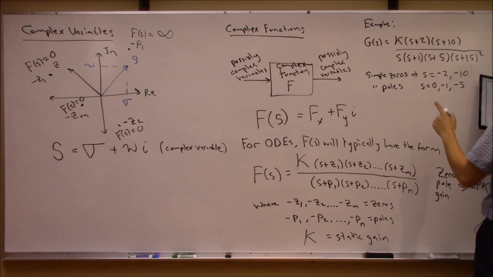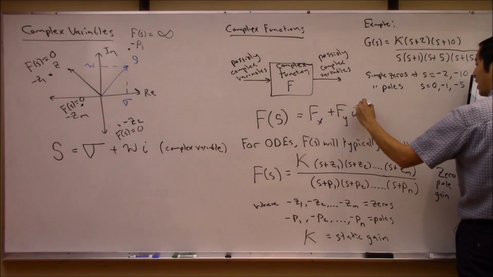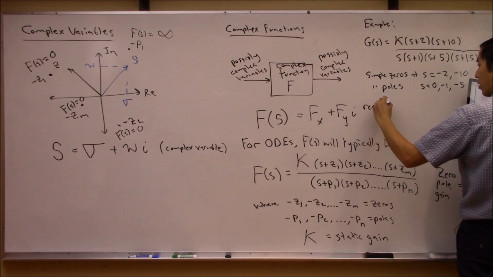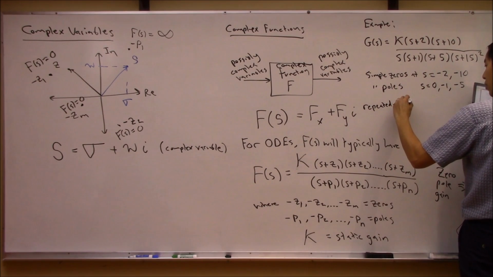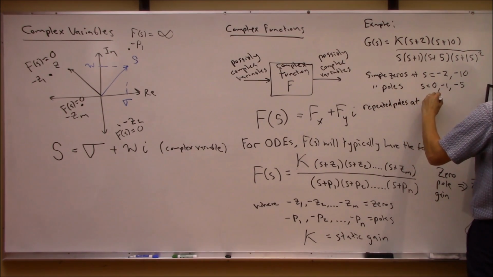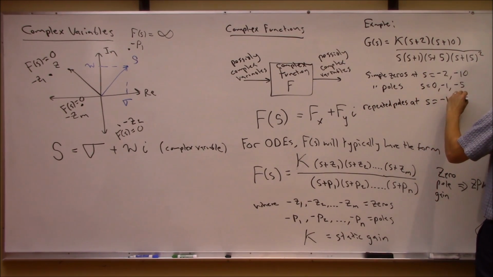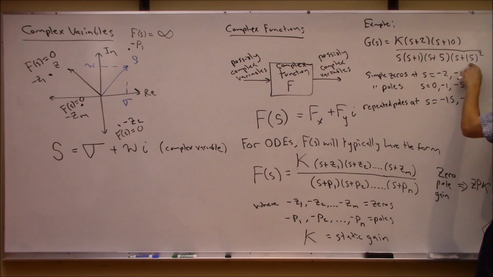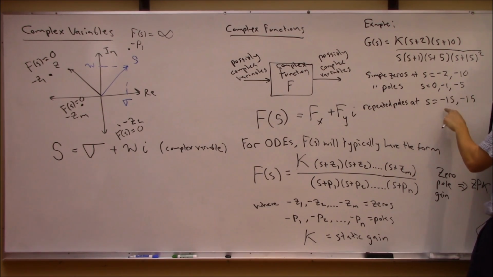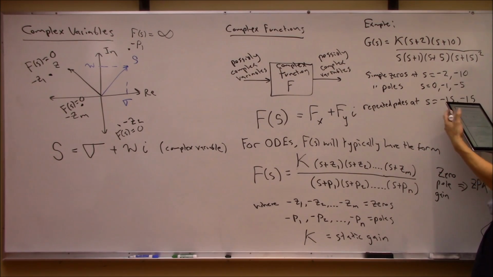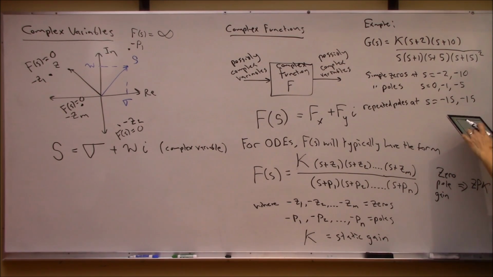And now there are two repeated poles at s equal to minus 15 and also at minus 15, because right here there are two roots to this polynomial. They just happen to be at exactly the same location. So this multiplicity is going to come into effect a little bit later.